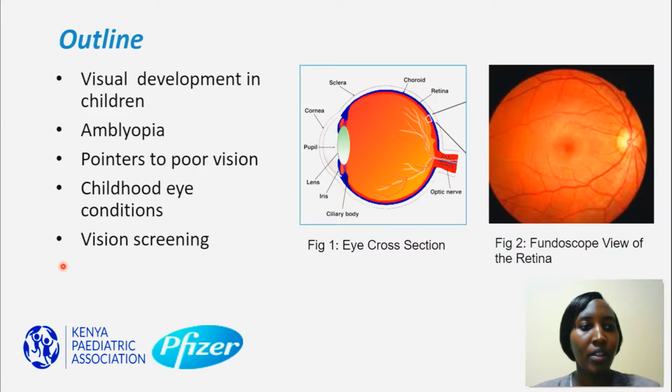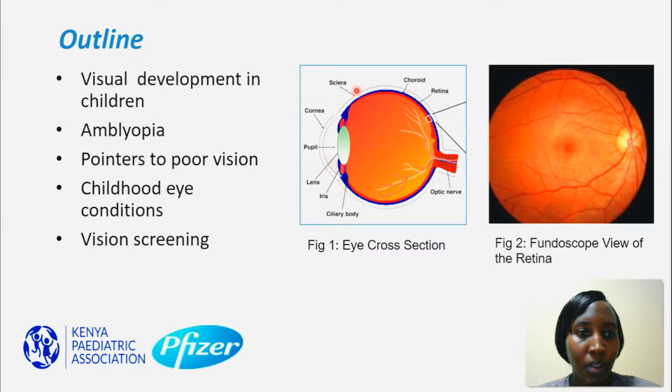cross-section of the eye. Figure 1 shows the parts of the eye as we're going to use them in the presentation. The front part, the clear part of the eye, is the cornea, which extends posteriorly as the sclera, and this forms the protective layer of the eye.